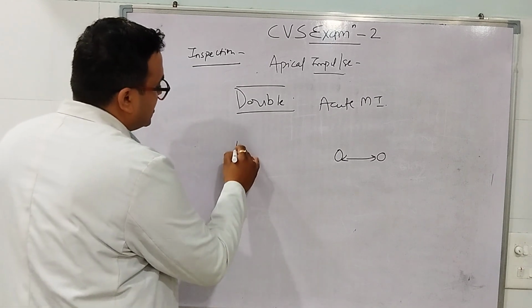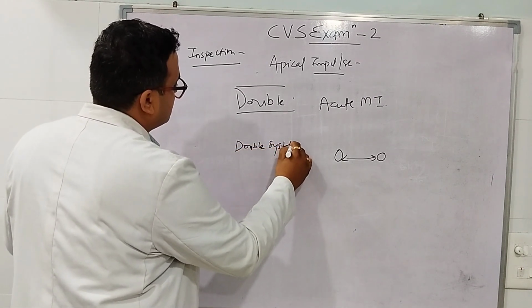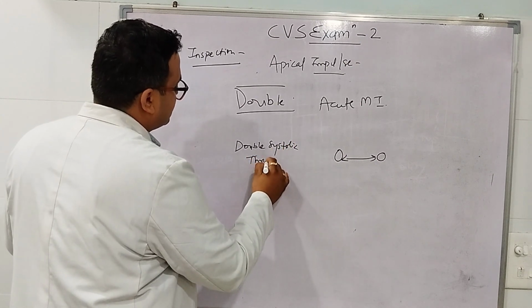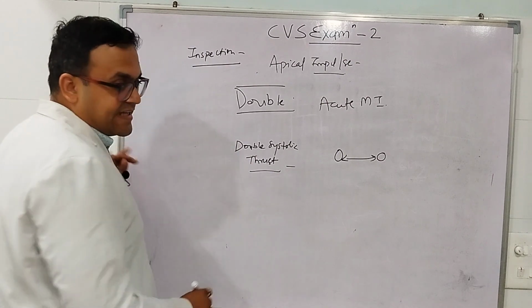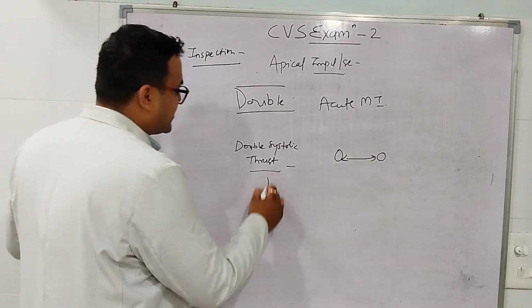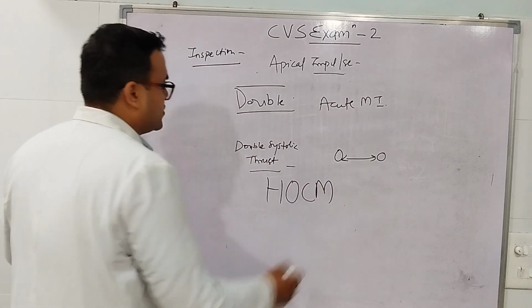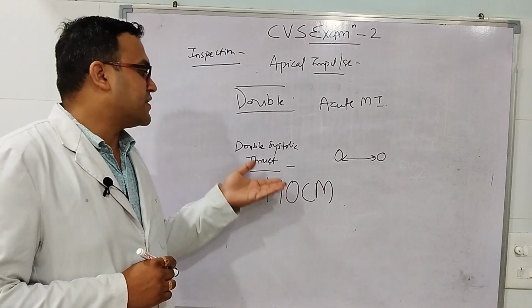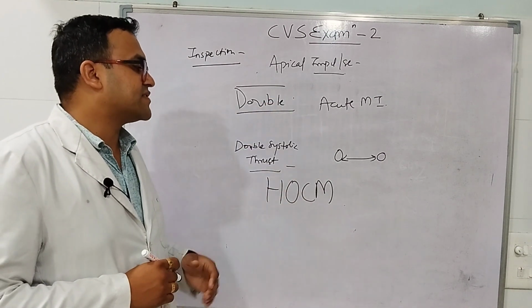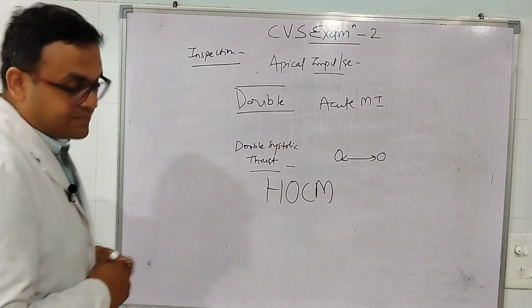Next is double systolic thrust. Double systolic thrust of the apex is seen classically in patients with HOCM.